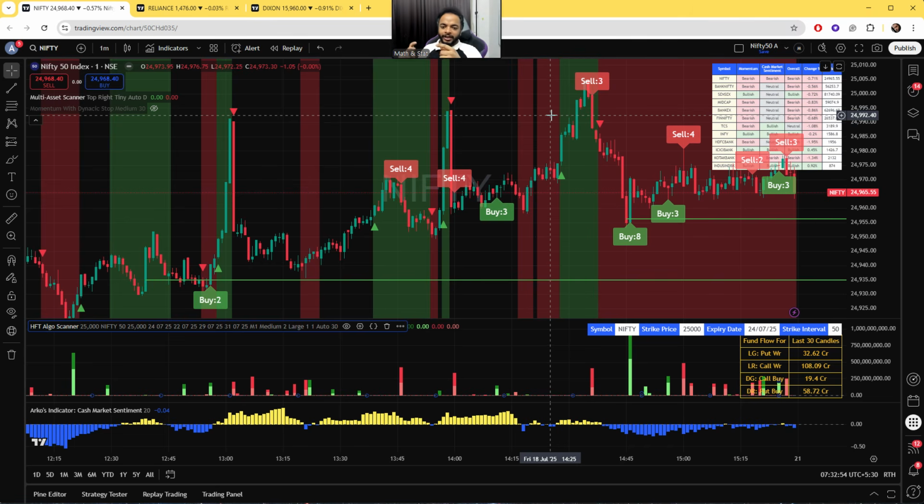As soon as the ATM changes, we need the other strikes as well. We have to analyze a lot of strikes simultaneously, whichever strikes it needs, if we are totally in auto mode. That's where the main difficulty is. But maybe that will be the next update.